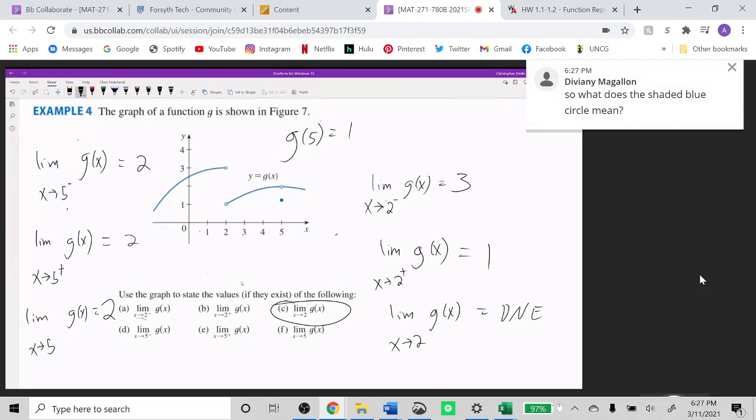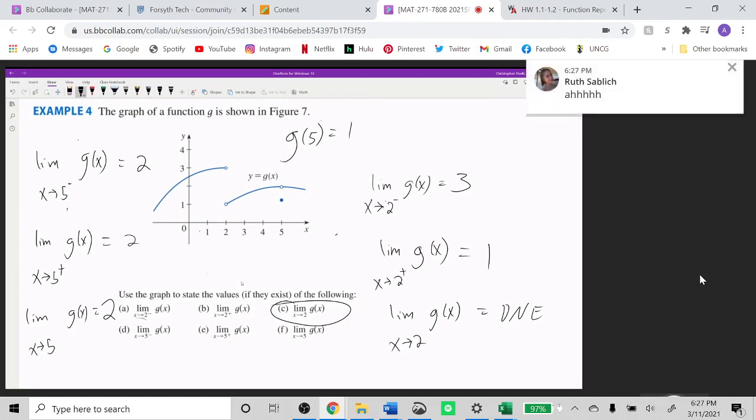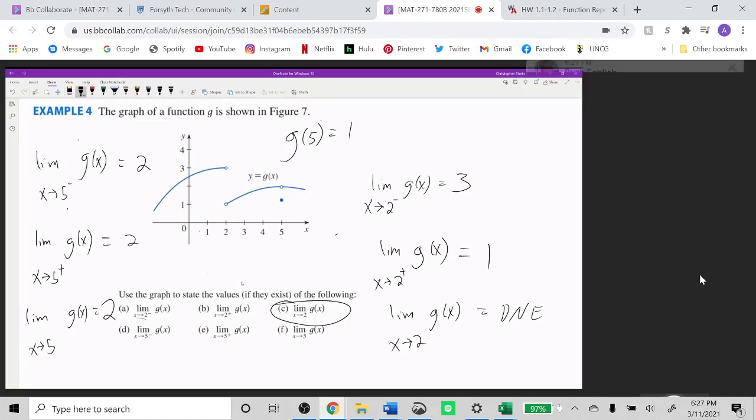The shaded blue circle means that they have defined that x value to be g of 5 equals 1. Or they've defined this function here. Because there's a hole at g of 5 normally without that dot.